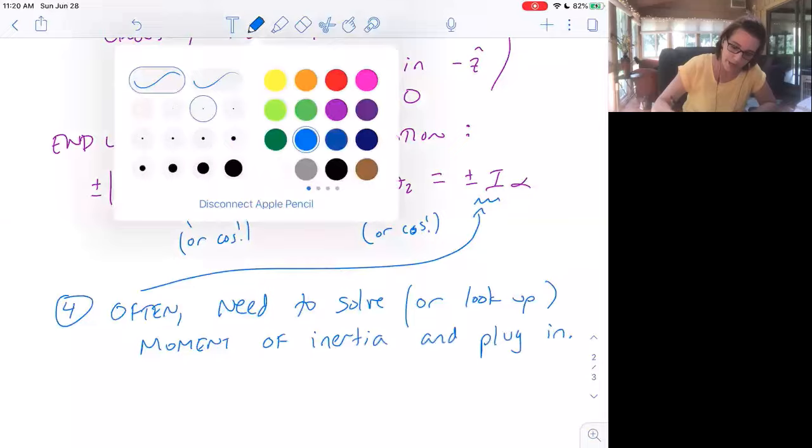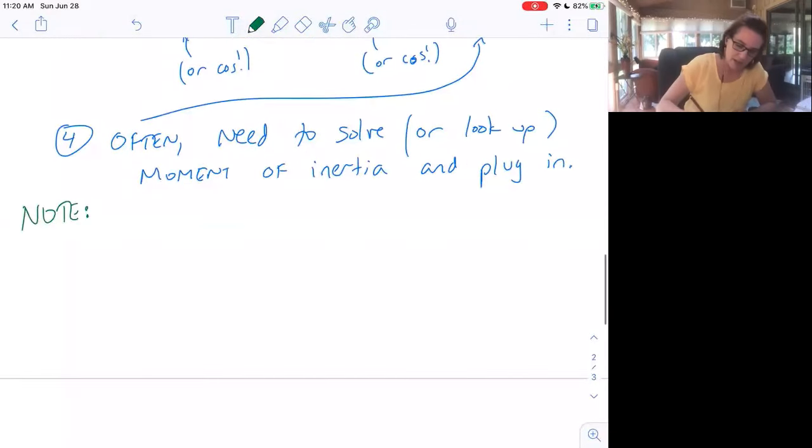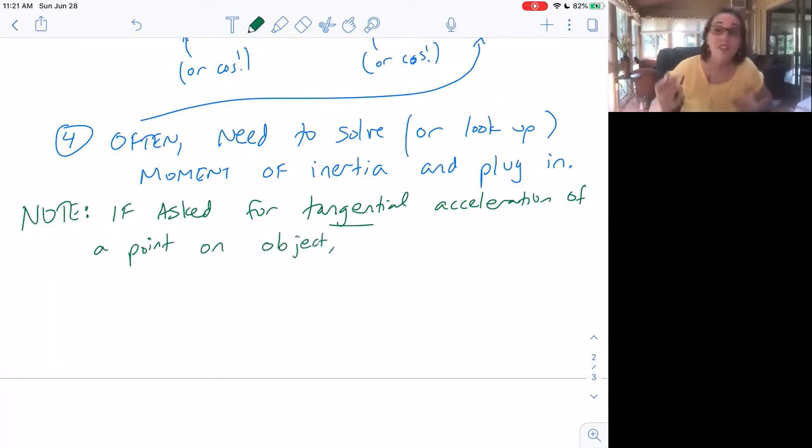And as one last note, if you're asked for the tangential acceleration of a point on the object, that's great, because if you found alpha, you can get the tangential acceleration. Remember that those are related.